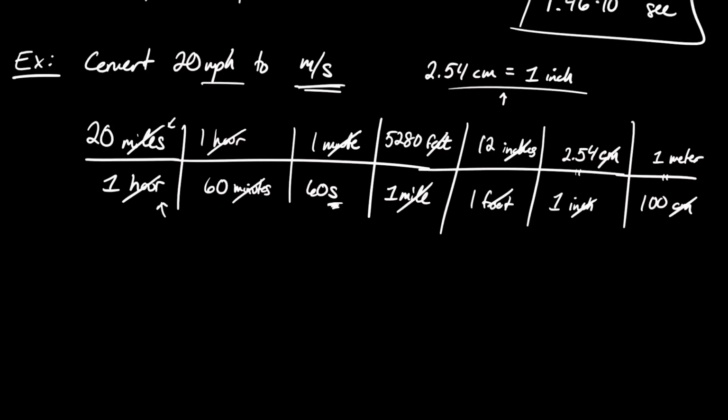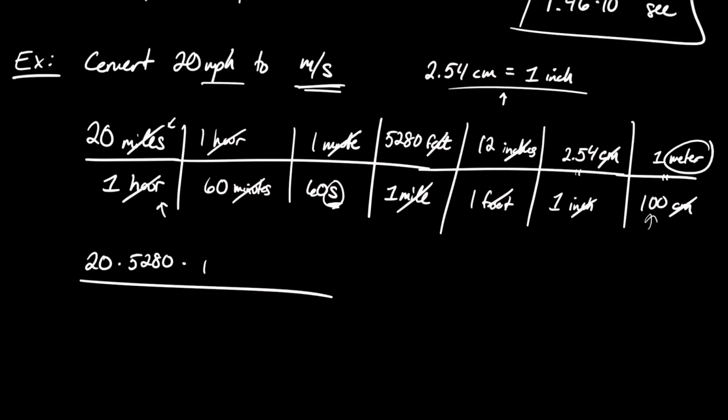So awesome. If we check what units have survived, we have seconds in the denominator and meters upstairs. That means whatever number will come out of all these numbers that are being multiplied and divided will be in units of meters per second. So now all there is to do is collect all the numbers that aren't 1 and multiply and divide them. So the answer is going to be 20 times 5280. Again, these are the upstairs numbers first.